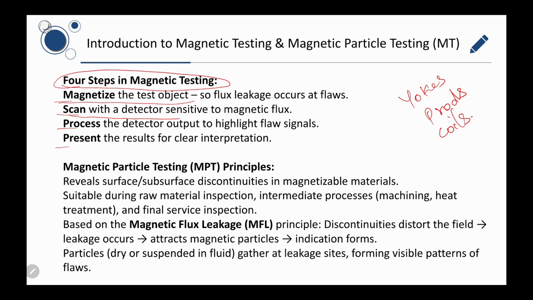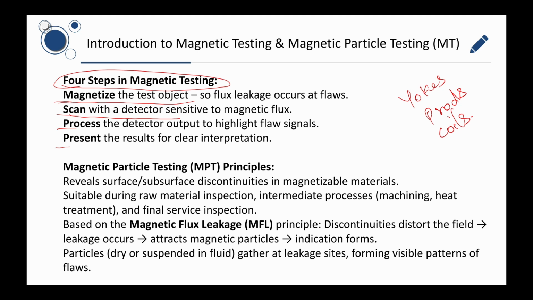Once magnetized, the surface is inspected for flux leakage. In magnetic particle testing, instead of electronic detectors, we use magnetic particles, dry powder or wet suspension.